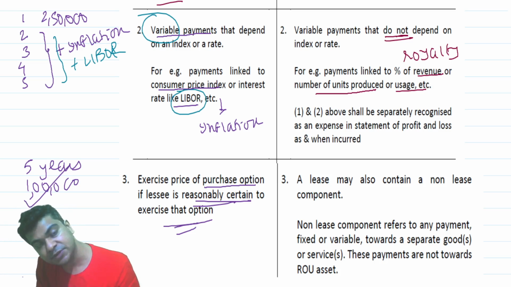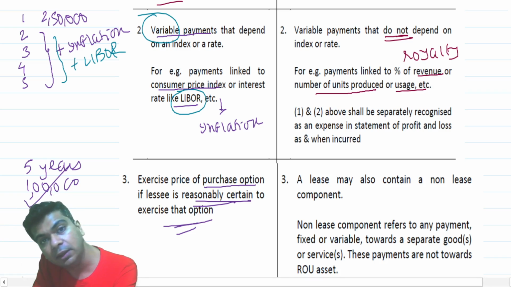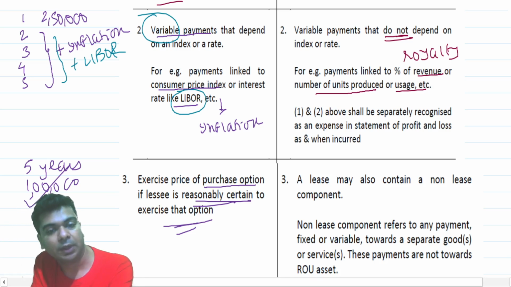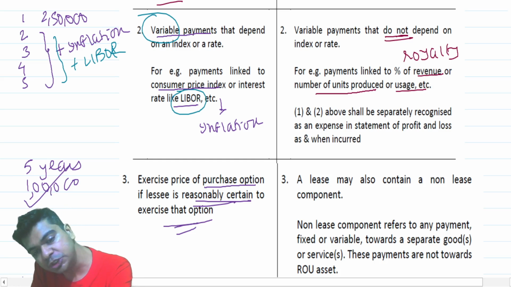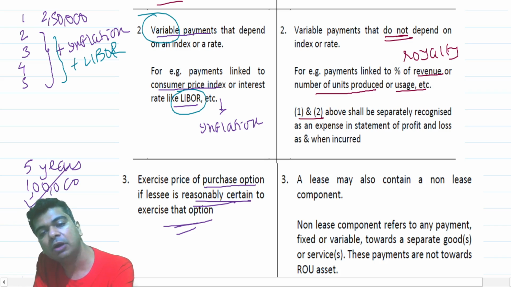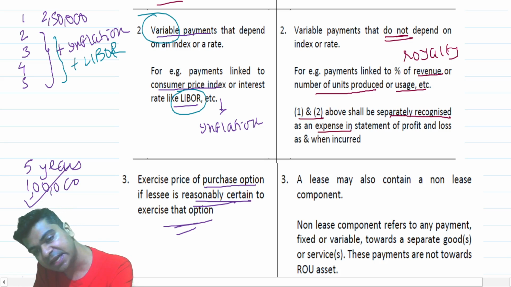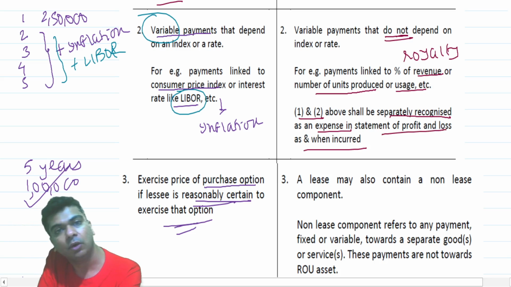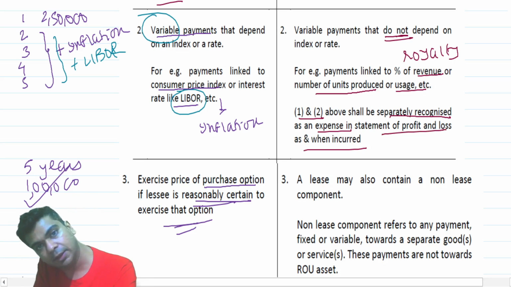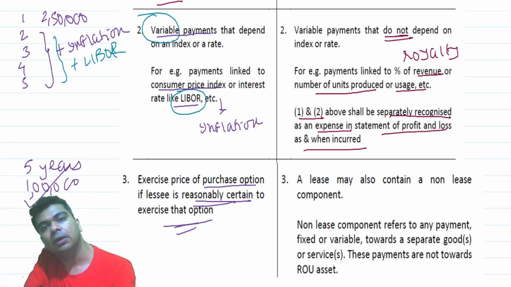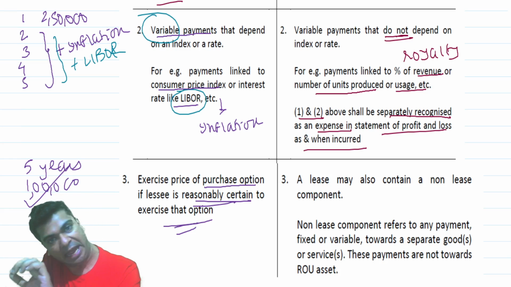It is an expense, but it should not be included in the lease payments. So that's what they are clarifying here. They are saying 1 and 2 above shall be separately recognized as an expense in the statement of profit and loss as and when incurred. So you are making a payment of any royalty. Royalty will be recognized as an expense.